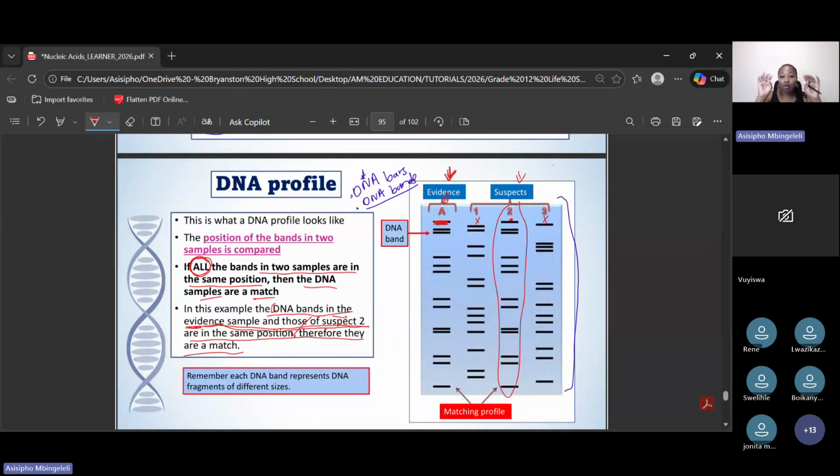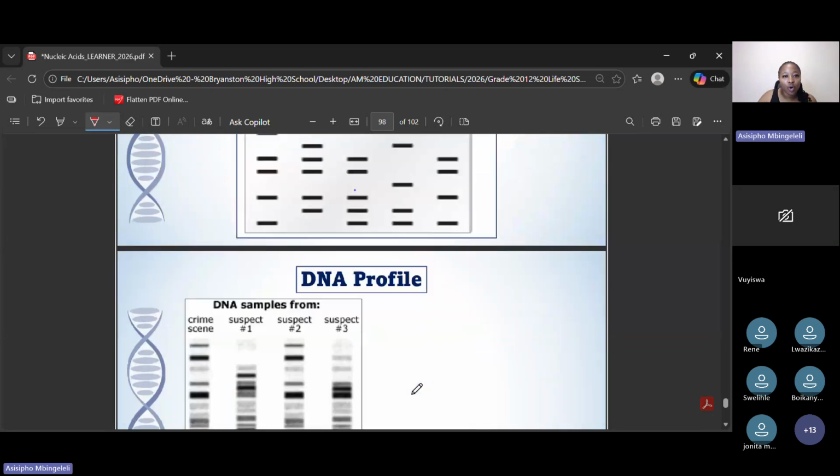As much as how we analyze it, we went to the evidence and then the suspect, the first DNA band was there and the rest were not there, that is correct in how we analyze it. But when we are asked to provide a reason, you speak about all the DNA bands. All the DNA bands in the evidence sample match those of the suspect.